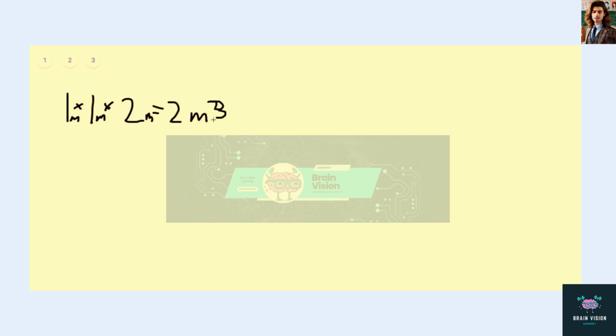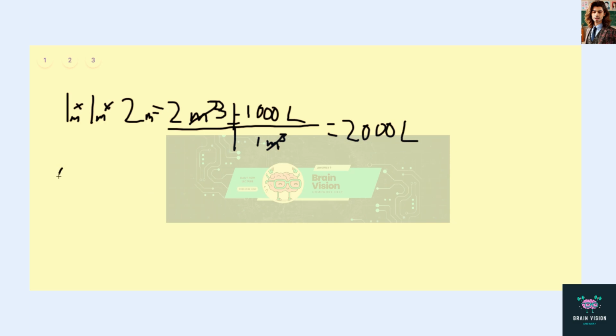Now we can convert this 2 meters cubed into liters by the conversion that there are 1,000 liters in 1 meter cubed. Our meters cubed cancel, and we end up with 2,000 liters.